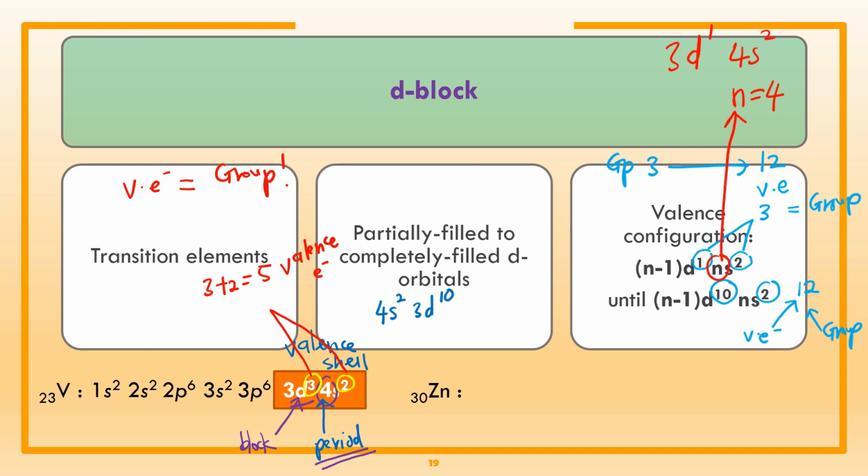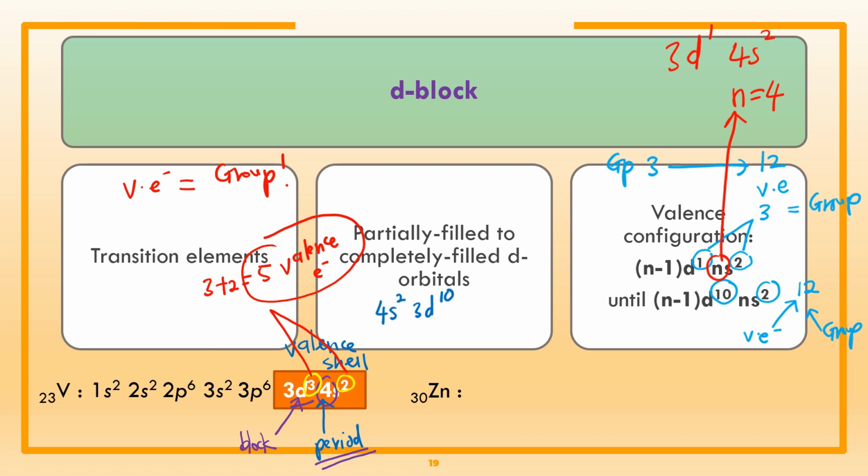So inilah yang membezakan di antara 5 valence electron in D block and 5 valence electron di dalam P block. So definitely, P block element yang having 5 valence electron dan D block elemen yang having the same 5 valence electron akan berbeza in terms of their group. Okay, dengan cara mana?